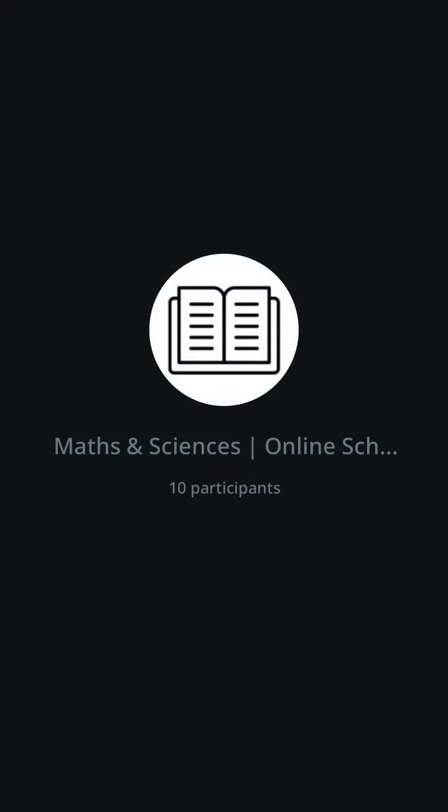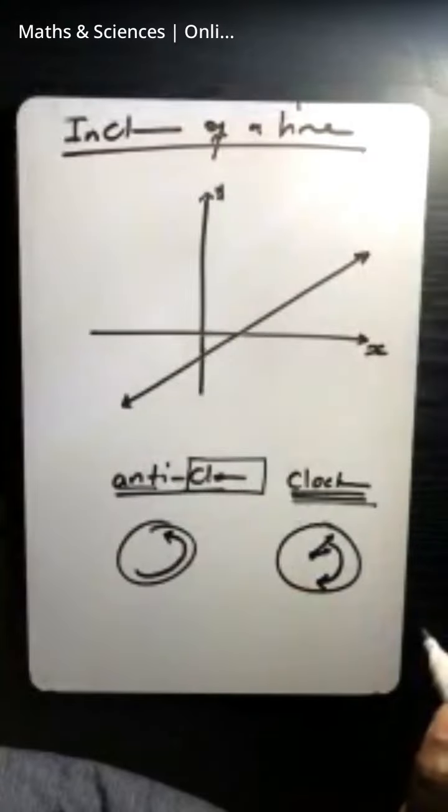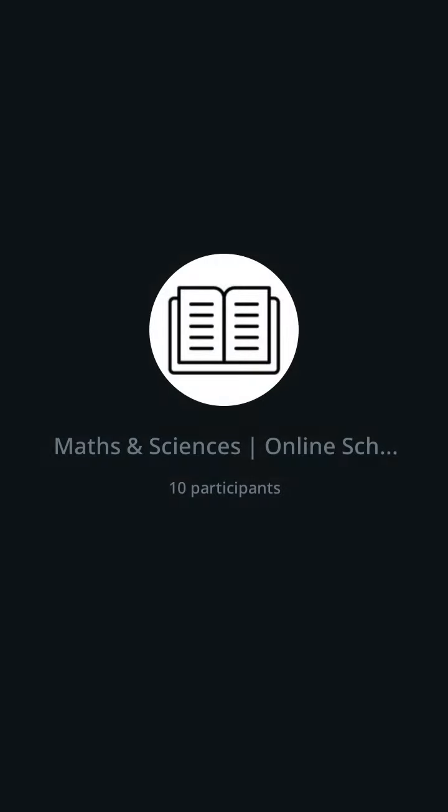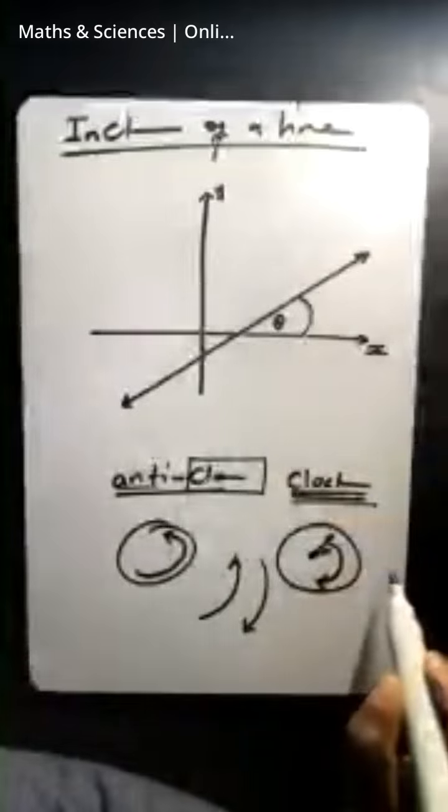On a Cartesian plane, if I just draw that and say there we've got an angle called theta, without me having an arrow there, it might be hard to tell in which direction it is.